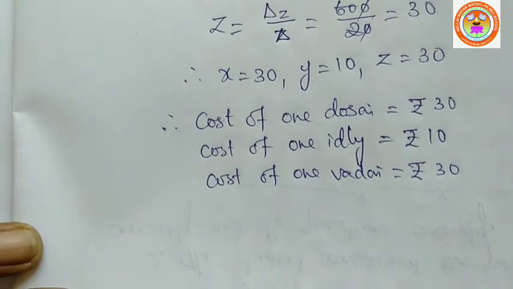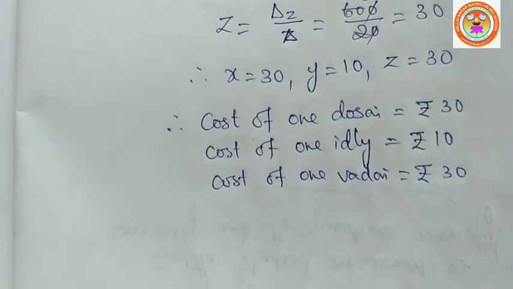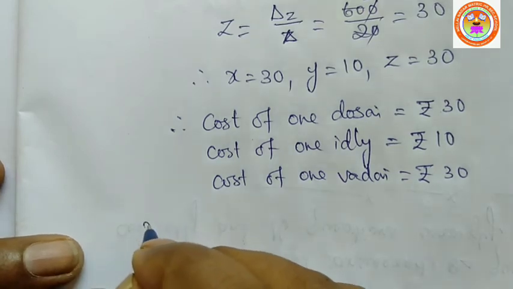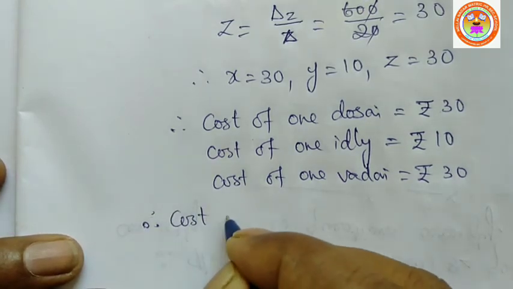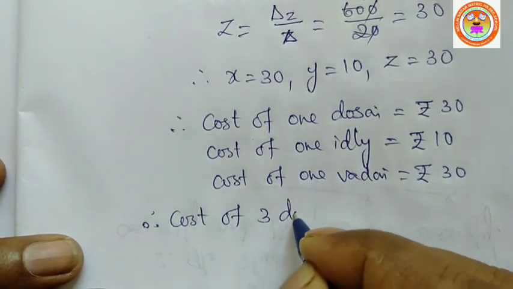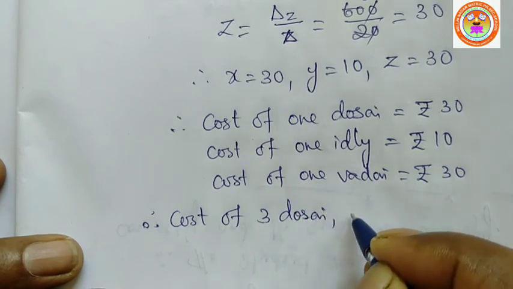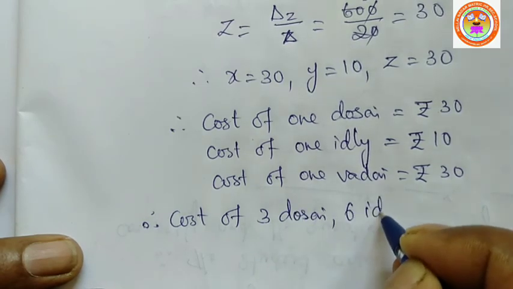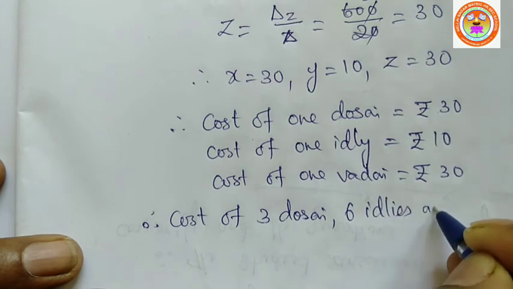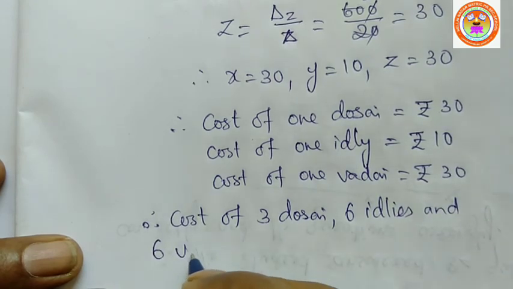So we have to find out the cost of 3 dosai, 6 idlis and 6 vadais.